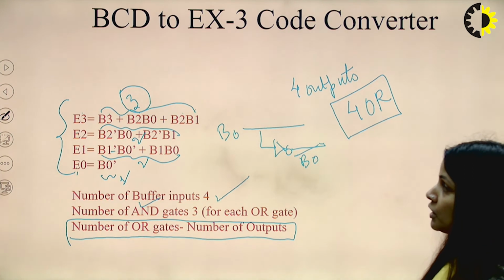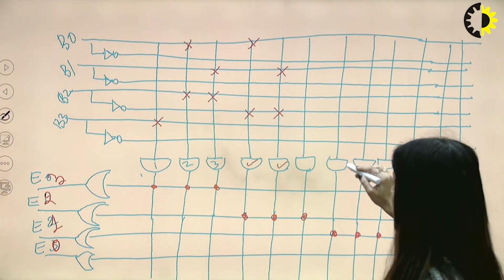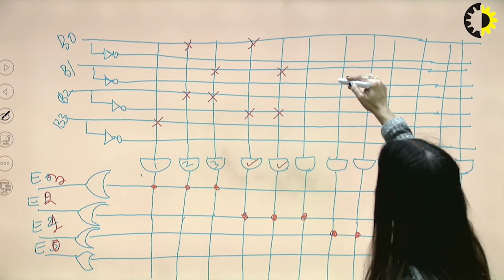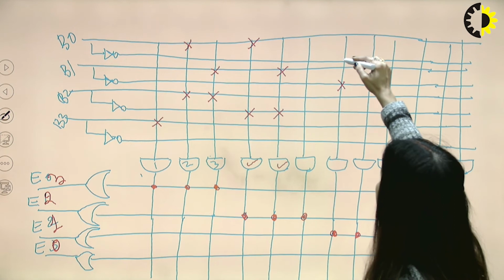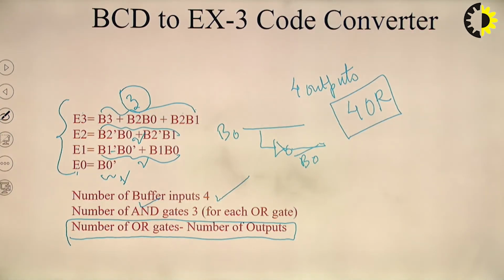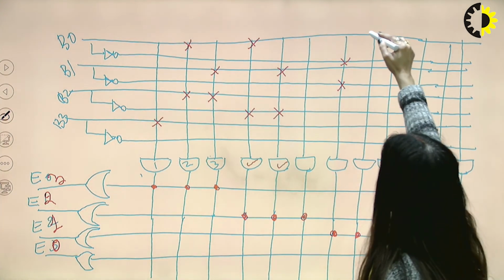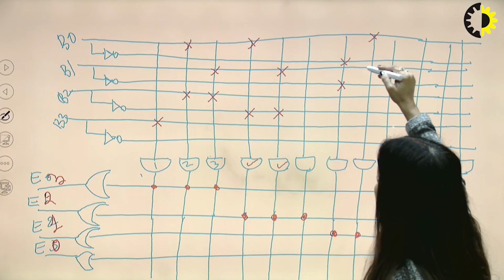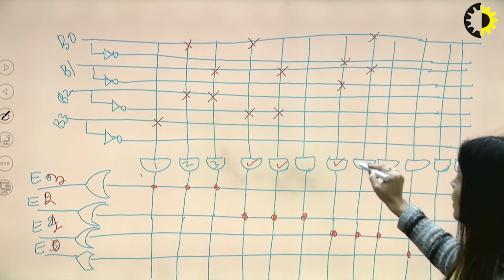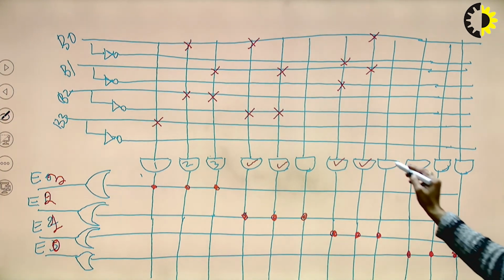Now coming to E1, B1 bar B0 bar, and B1 B0. Again here these two are utilized, but this is extra.